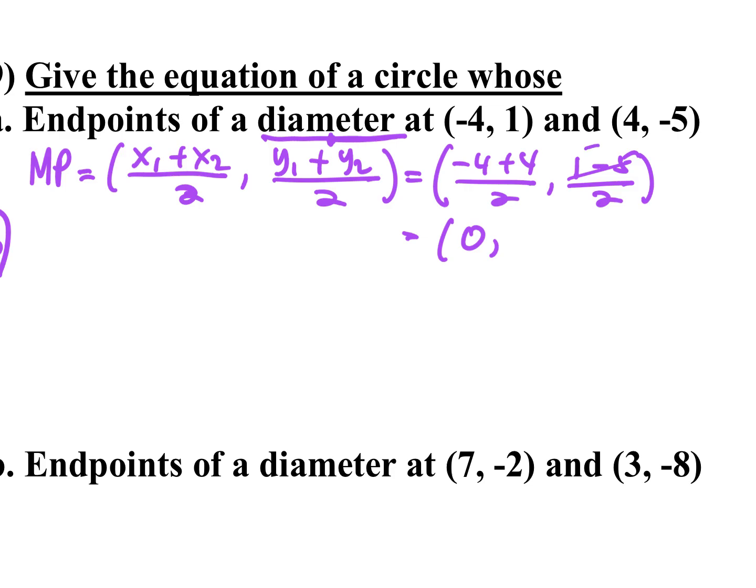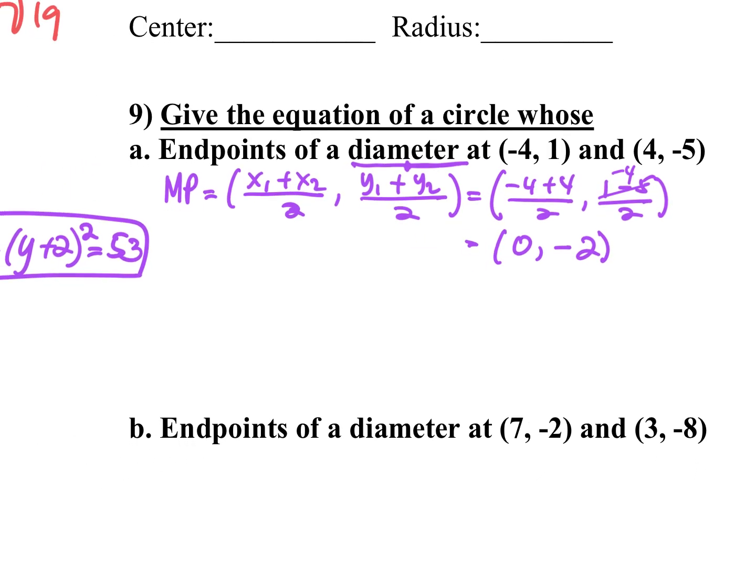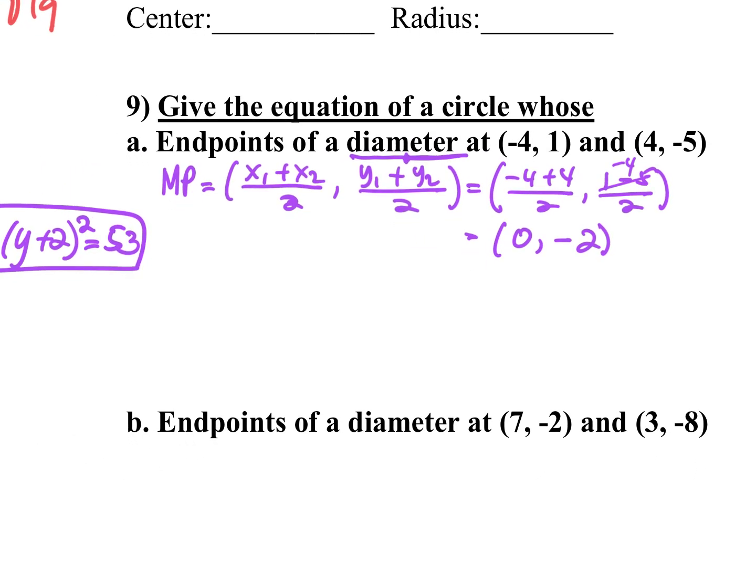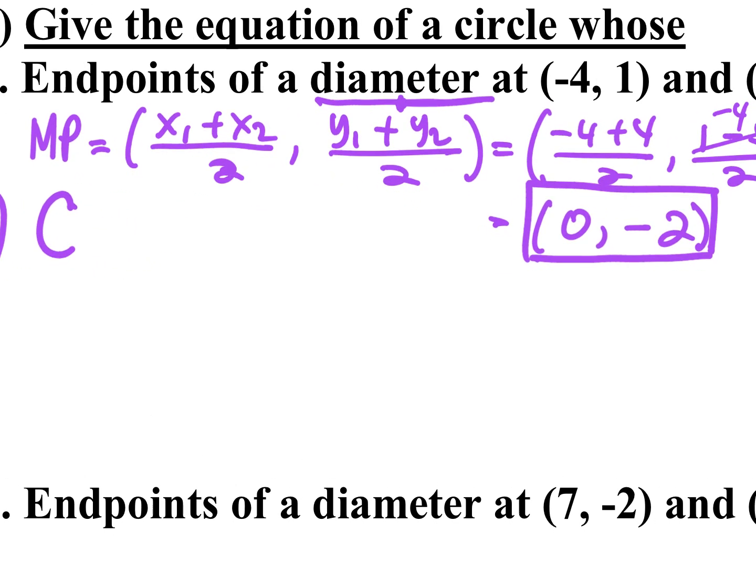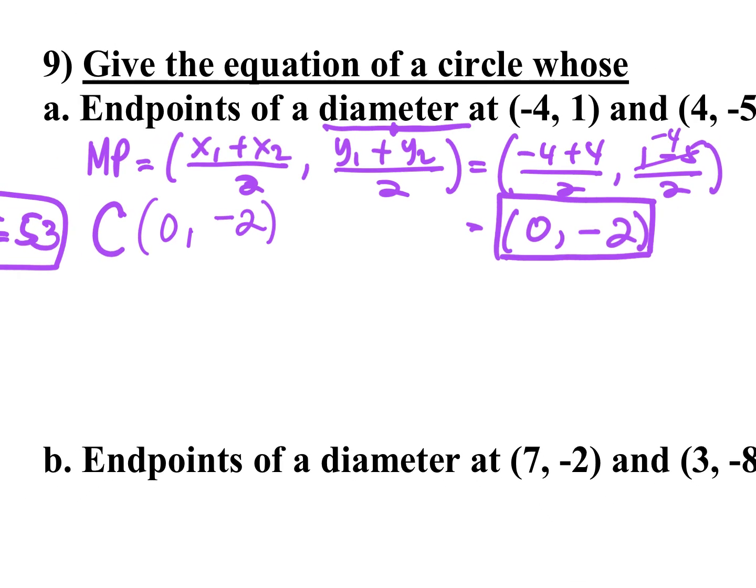Negative 4 divided by 2 is going to give you negative 2. So this is now the center. What we have taken from this midpoint formula is the center of the circle. The center of the circle is located at 0, negative 2. Okay, so let's put that in our equation. So the equation will look this way.